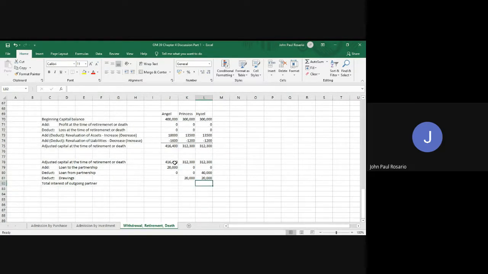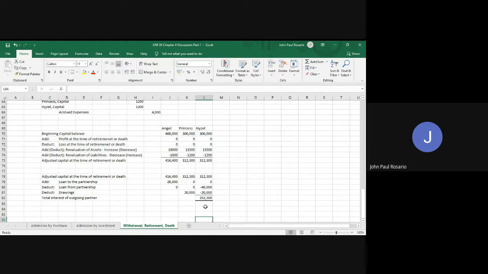So that is what we solve, and we deduct it. So the total interest of the outgoing partner is 252,300, because only Hazel is leaving.